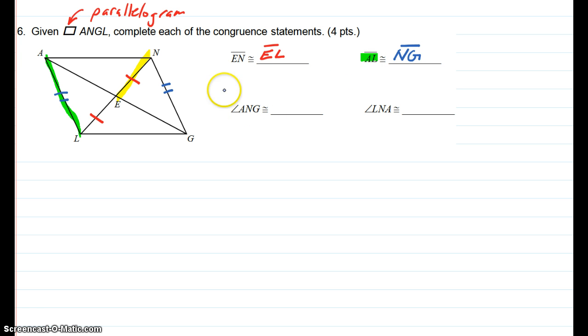And now we have angle ANG. ANG would have to be congruent to, and we learned that the opposite angles of a parallelogram are congruent. So that would have to be ALG.